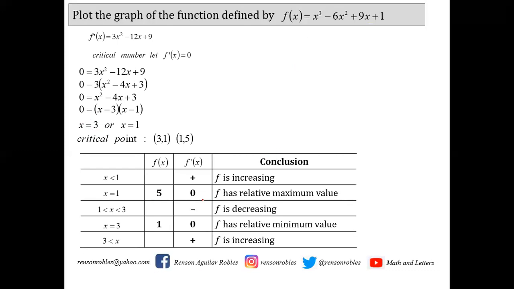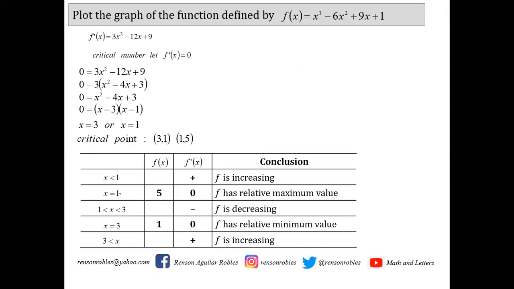So I have here a table which shows how the graph of the function f of x equals x cubed minus 6x squared plus 9x plus 1 behaves on the Cartesian coordinate system. Whenever you choose a number x less than 1, f prime of x is positive, so you say that f is increasing.